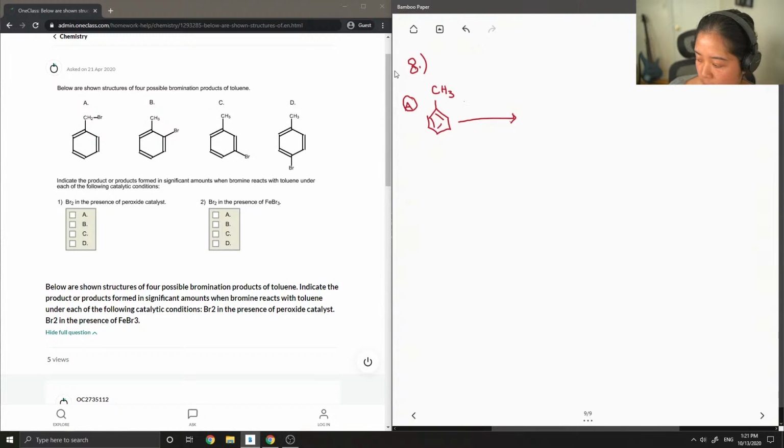And the first instance is Br2 in the presence of a peroxide catalyst. And usually with this reaction, you need UV light. That's not stated in the question, but I'm just going to add it there.